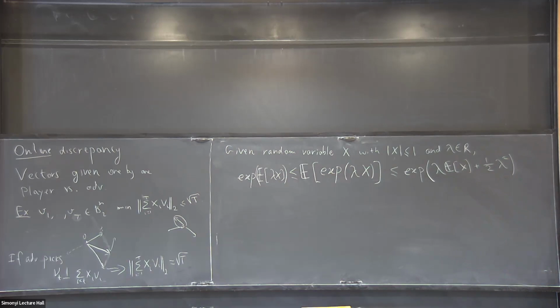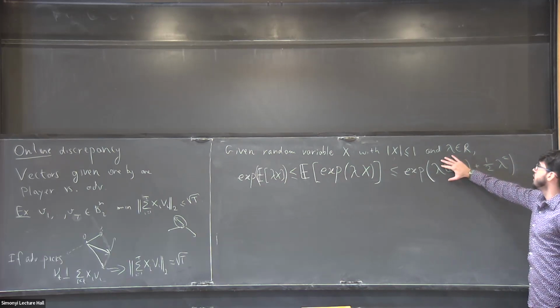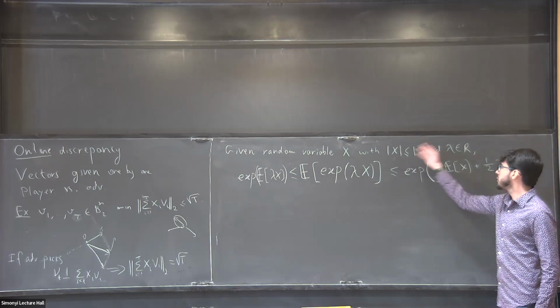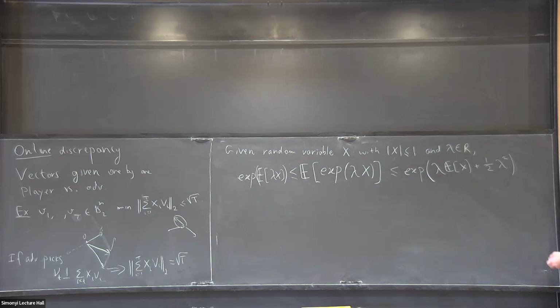If you remember the hyperbolic cosine, there was this bound that, if X is IID uniformly plus or minus 1, the expectation is 0, and then you can bound the hyperbolic cosine by this term. But this is a more general result. It's not hard to show. I just really like inequalities like this. The point is that you can reduce it to the case where X is supported on plus or minus 1 by convexity, and then you just take derivatives and things magically work out.